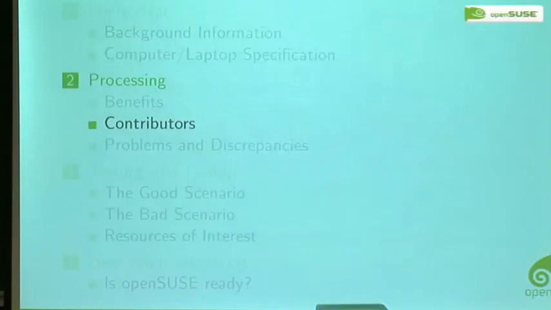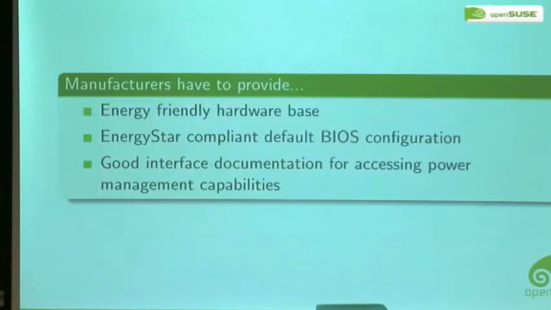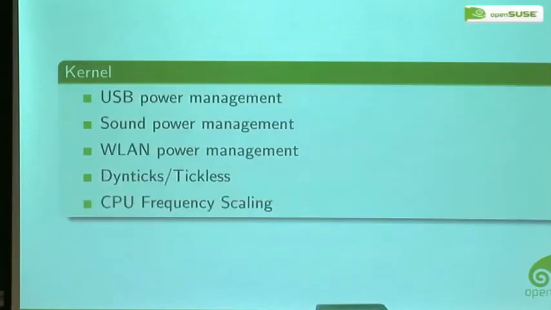So what do the different parties actually have to do to get an Energy Star certification? The manufacturers, of course, have to use energy-friendly hardware. They have to ship a good default BIOS configuration, and of course they need good interface documentation for their hardware features, power management, so that kernel developers can make use of these hardware capabilities.